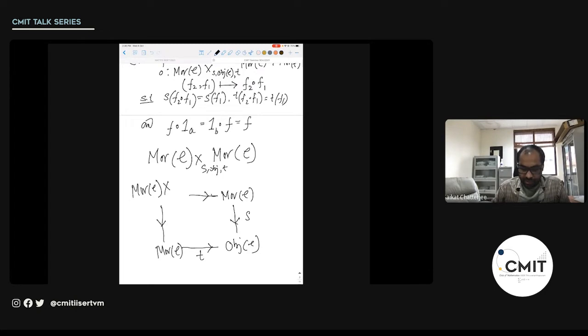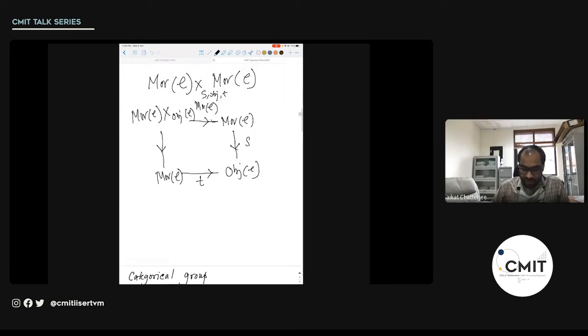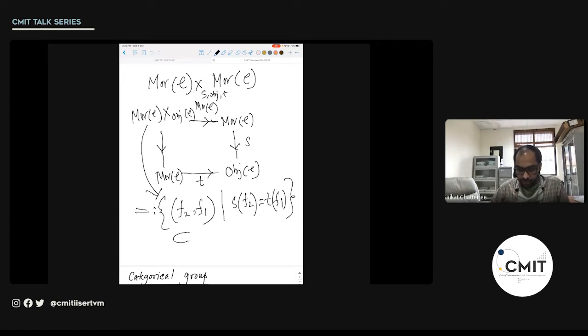This is usually written in this fashion. If you want to write this explicitly, this set is simply the set of all pairs in the Cartesian product of mod C times mod C, such that the source of one map coincides with the target of the other map. So F2, F1 both belong to the arrow set.